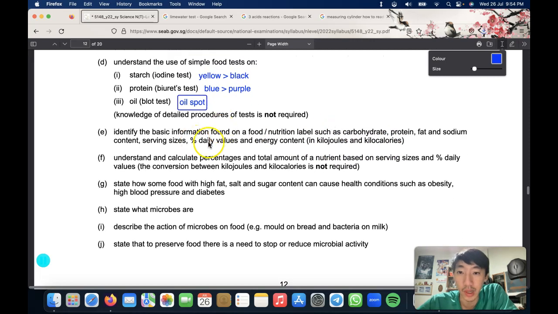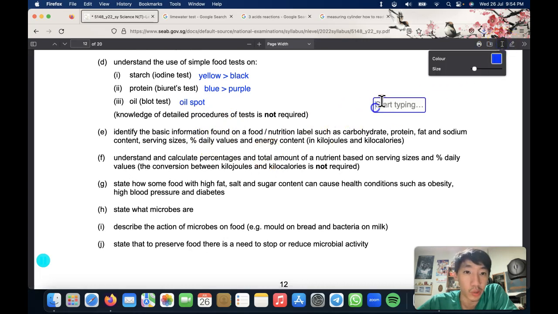So how to count daily value is very simple. For example, if in one day I'm only allowed to eat 100 grams of protein, but then I go and eat maybe KFC, I eat 250 grams of protein.